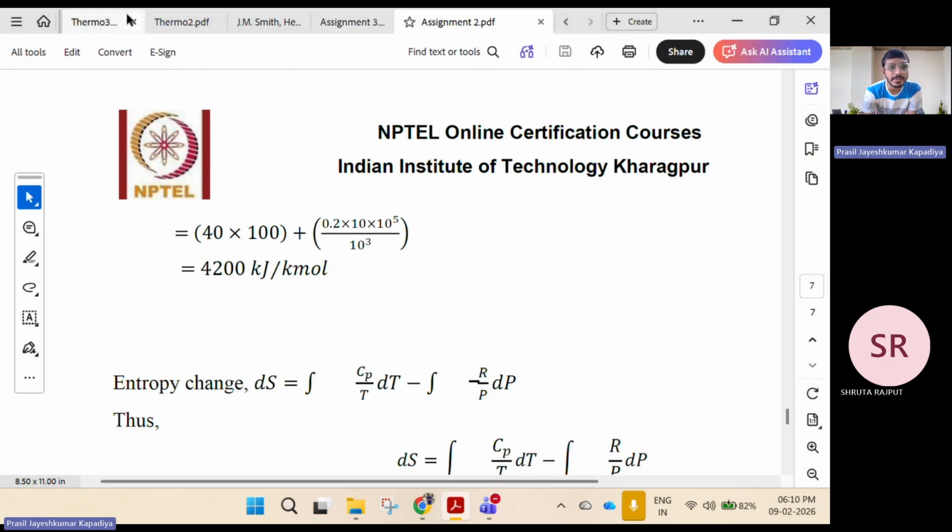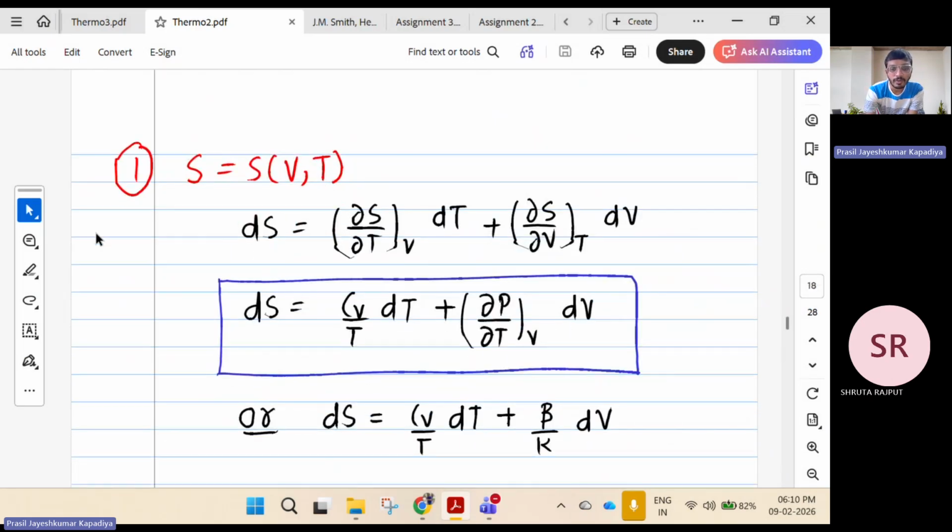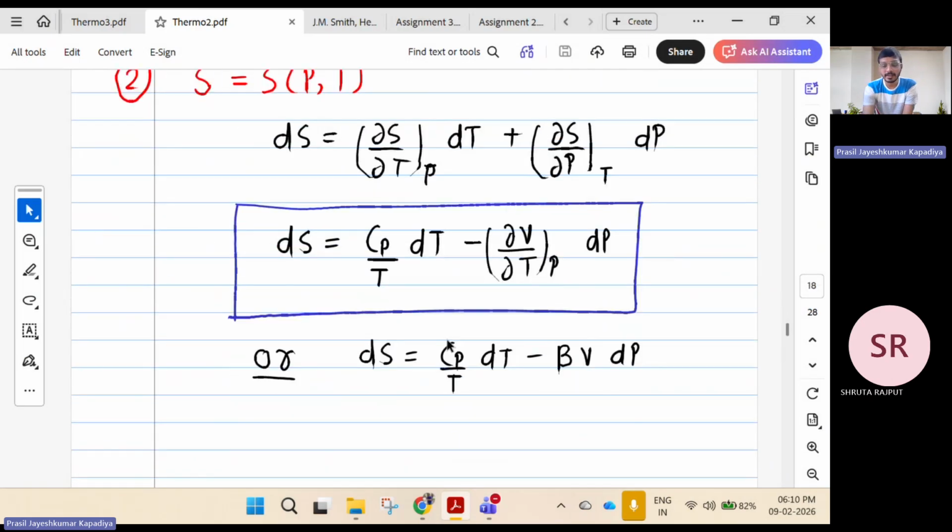Now for entropy change, this is the equation of entropy change at T, P. So dS is Cp by T dT minus del V by del T at constant pressure dP. Cp is given, dT by T, so you need to do integration.